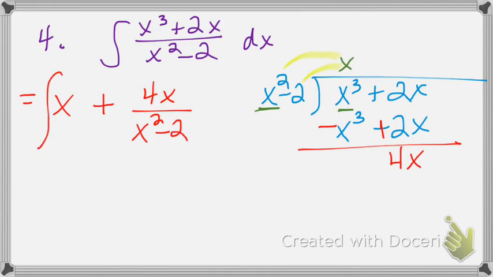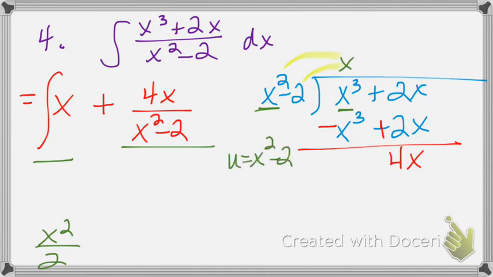And now I find the antiderivative of each piece. This one's pretty easy. I know that that one's going to be x squared over 2. This one, you have to use substitution to solve. It's back to problems that you just have to figure out how to solve. In this case, u would be x squared minus 2. du would be 2x.